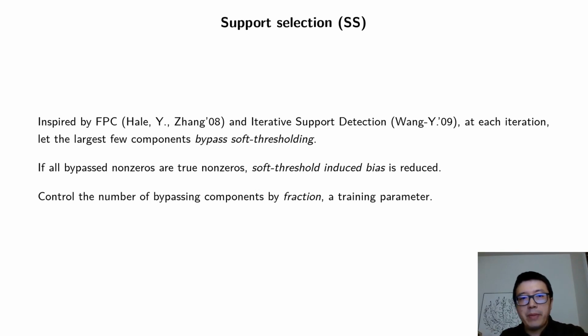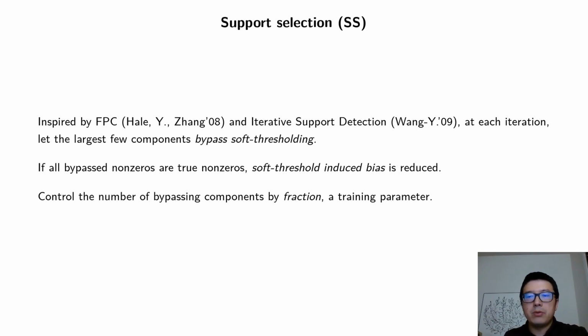Therefore, if you bypass the correct or mostly correct set of non-zeros, you reduce bias, which helps you converge faster and also helps you get a better signal. So in this neural network, we also incorporate this technique. So instead of this eta operator being purely soft thresholding, the first few largest components are bypassed. They're just like identity on those components.